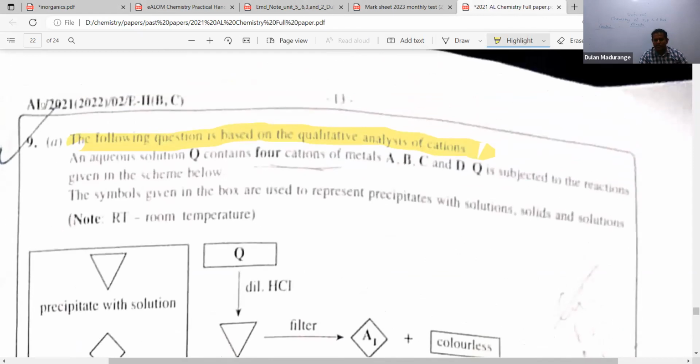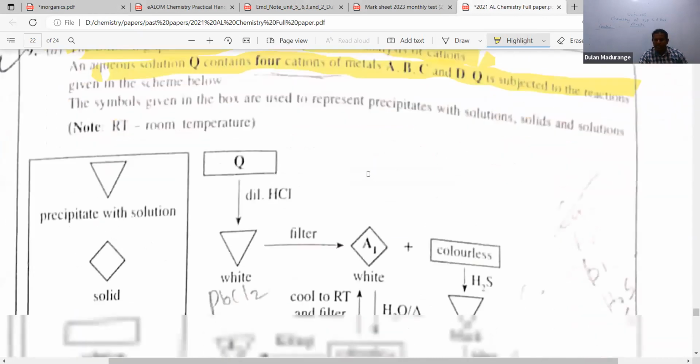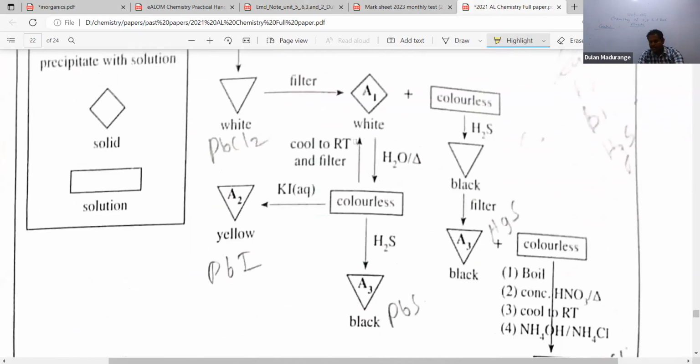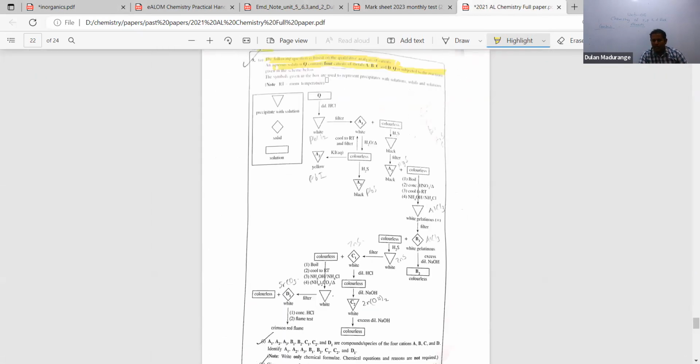In aqueous solution, Q contains 4 cations, and A, B, C, D are the reactions it is subjected to. This is cation analysis, or group analysis.